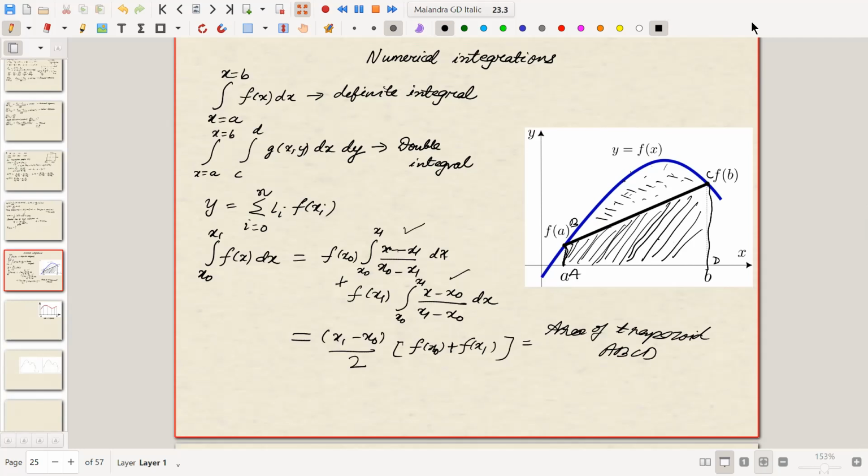The errors we'll skip for now because it is a bit more critical, but if you want me to cover the errors, I can. I can just say that it is a third order error, like plus order of h cube.